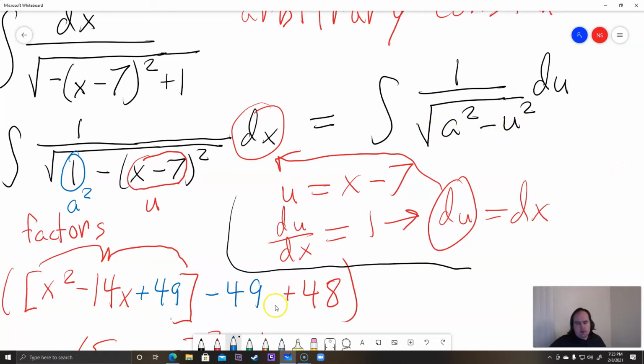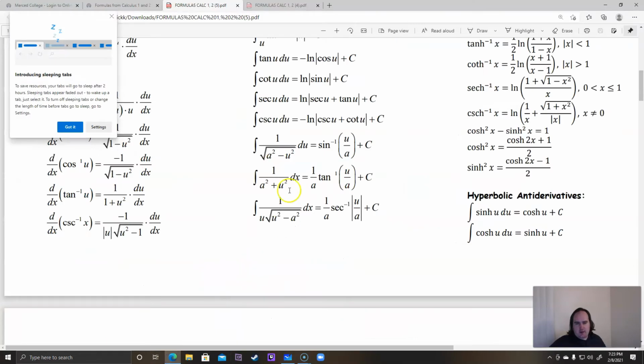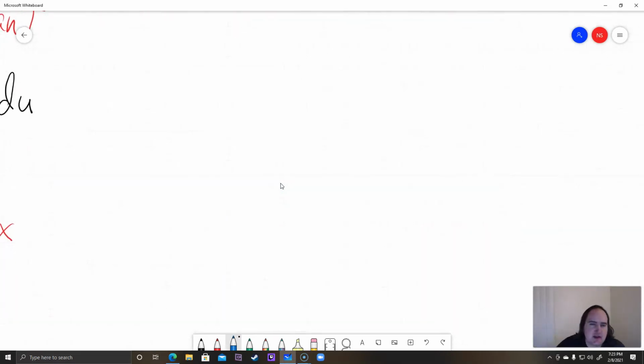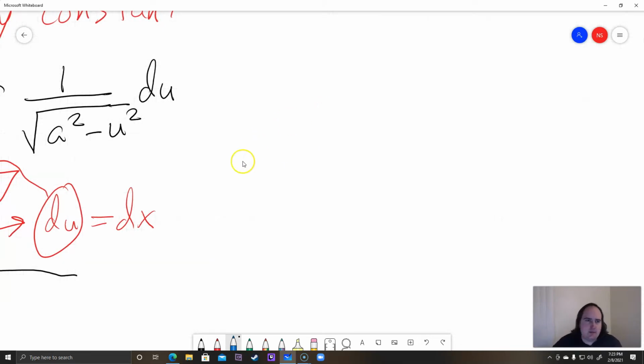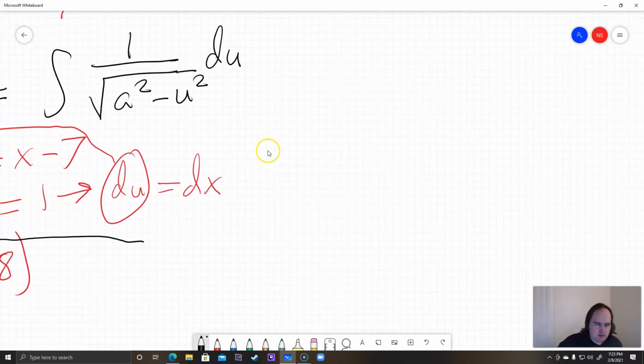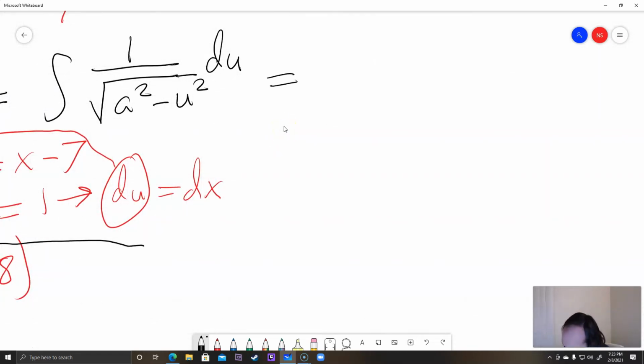And so finally, after all of that work, we are ready to plug stuff into the formula. So looking at this first formula, this integral is going to become sine inverse of u over a plus c.